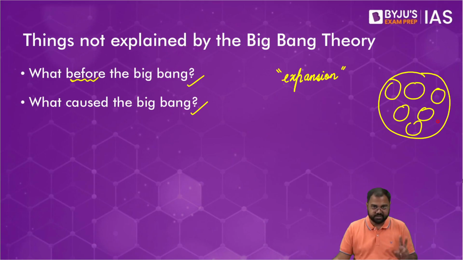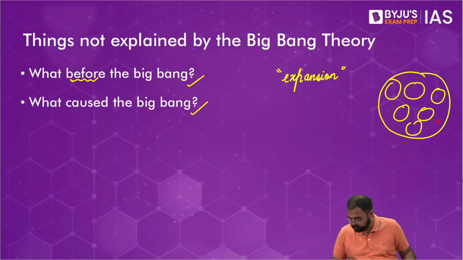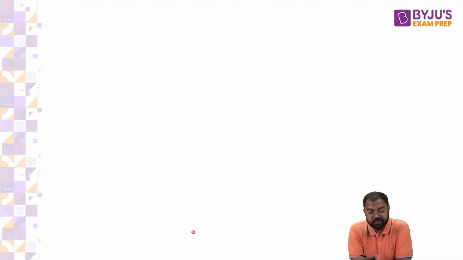Concepts that we have discussed until now, and then the basics of the formation of the universe, the basics of Big Bang. Are there any evidences of multiverse theory? No, there isn't.